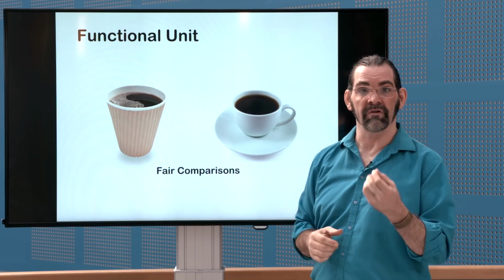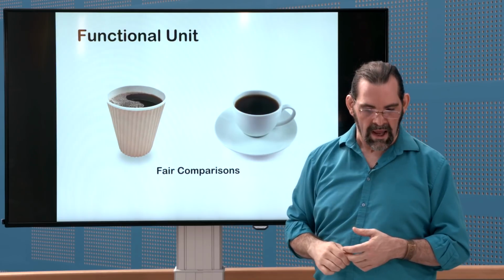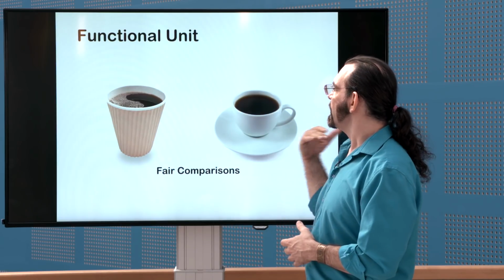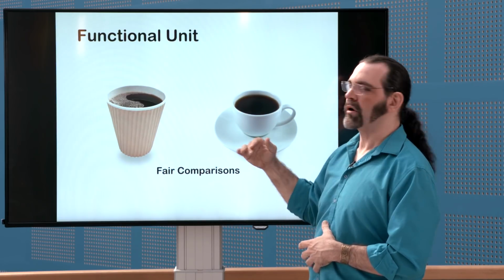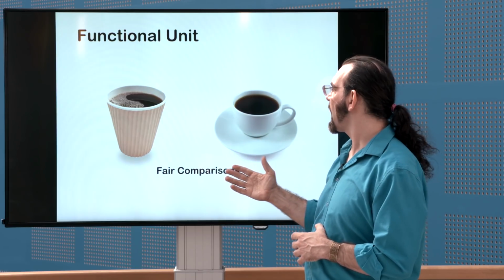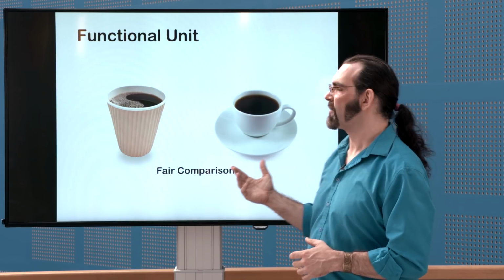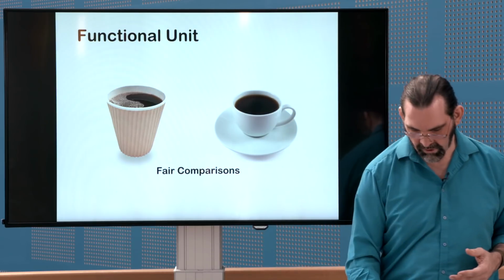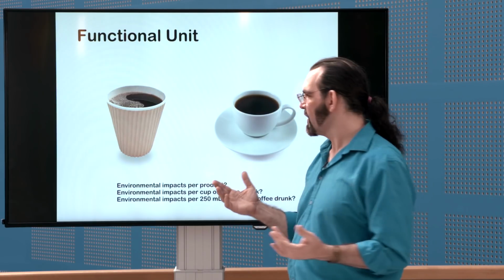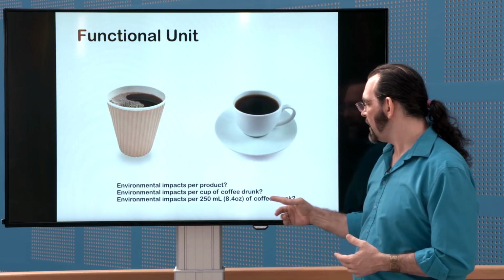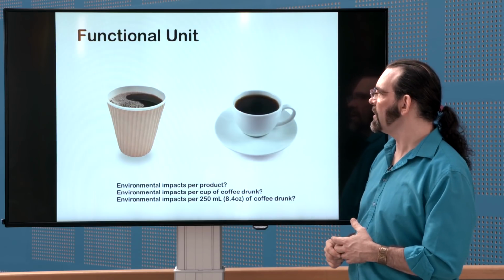And so that's the functional unit that we want here. And so instead of looking at the environmental impacts per cup produced, you want to look at the environmental impacts per cup of coffee drunk. Maybe. So that would be a decent functional unit here.